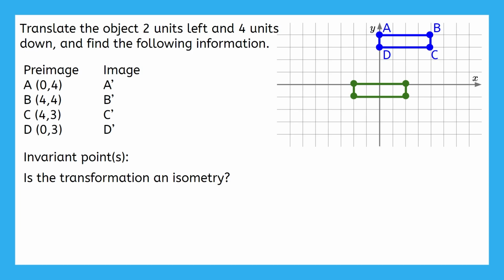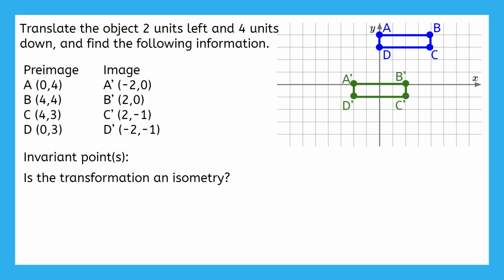For example, when we're finding A prime, we can use arrows to show that we're moving left 2 spaces and down 4 spaces. We could do the same for the other vertices, just to make sure that they're in the right place too. Then, we write the coordinates for A prime, B prime, C prime, and D prime.